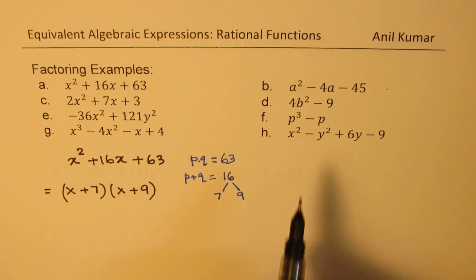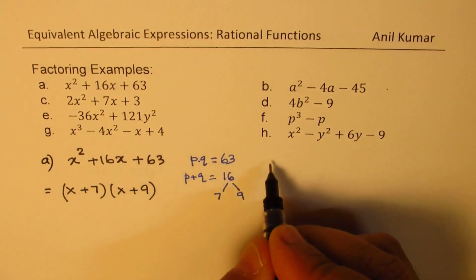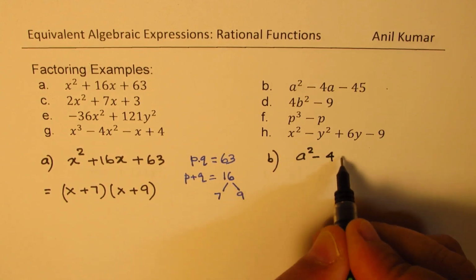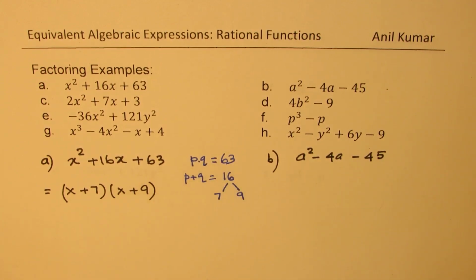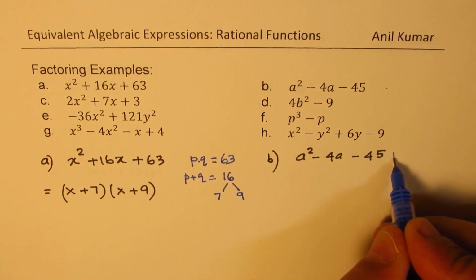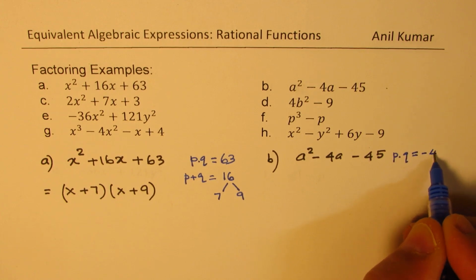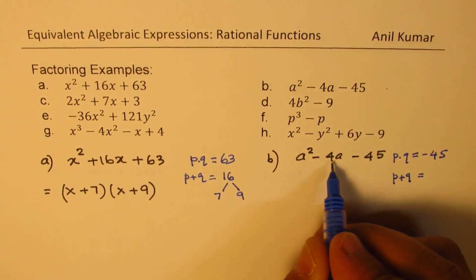Now let's take another example which is of a similar kind. So we have done part A. Now in B, the example here is a squared minus 4a minus 45. Again, going with the same principle of product and sum, we are looking for the product of two numbers to be equal to negative 45, correct? And the sum of the two numbers to be minus 4.